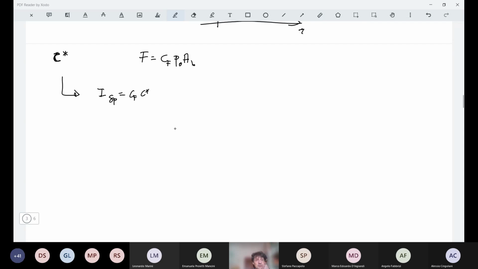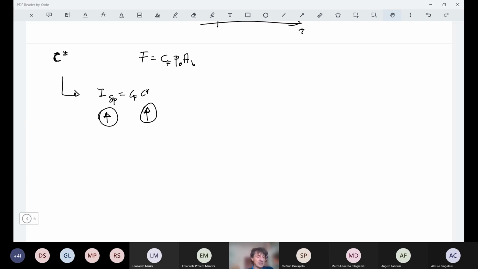So, of course, the specific impulse is related to these two quantities. So we see that if we like to have a high specific impulse, we need high characteristic velocity. So this velocity tells us about the energy we have available to achieve a high exit speed.